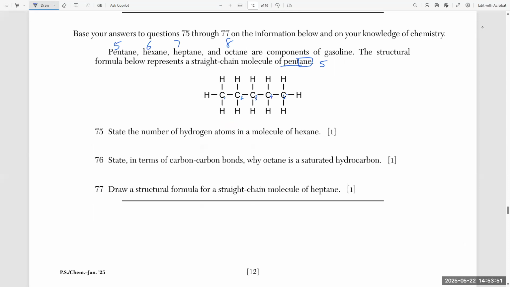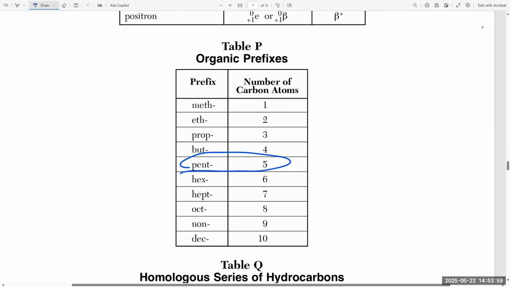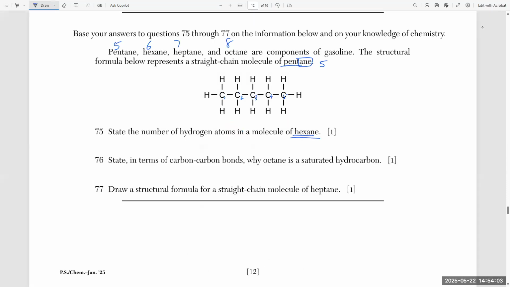So it says state the number of hydrogen atoms found in a molecule of hexane. Be careful. Don't go counting this because this is wrong. Hex is 6, and it's an ane. So to draw this, it's going to be 1, 2, 3, 4, 5, 6, all connected by single bonds. And then after that, there's hydrogens so that carbons all have an octet.